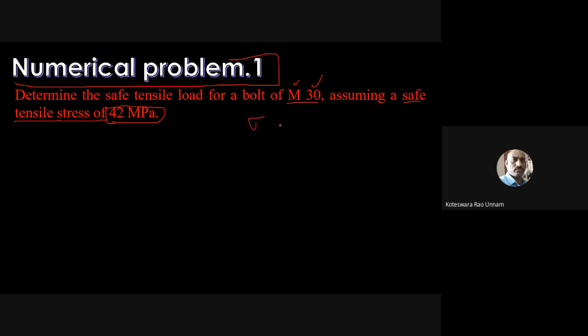If I denote the tensile stress as sigma t, then sigma t is P by A suffix t. So I should know the P value and the At value. Since the stress value is already given, if I know At, I can calculate P.